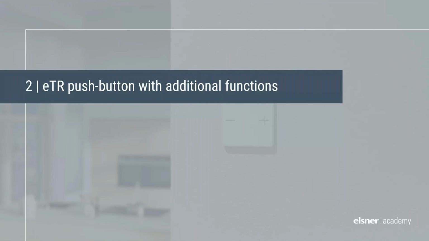Let's hop into the next chapter, the eTR push buttons and also their additional features. Let's start with the KNX M series. We have the M1, which is a single gang push button, but also it has an integrated temperature sensor. As already mentioned, this accounts for all the eTR series. These KNX push buttons have a LED touch surface and offer a white LED indication for visual feedback.